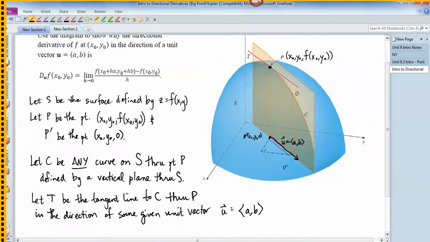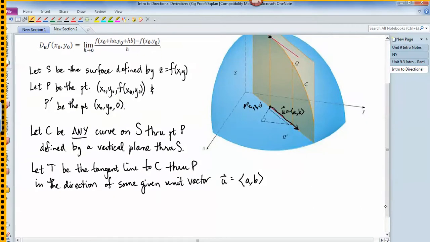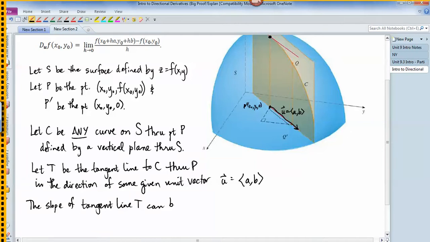Okay. And then we know that the slope, so this is a definition here. The slope of tangent line T can be denoted as, and then this is a new notation, capital D subscript u, which means the derivative in the direction of u of f.